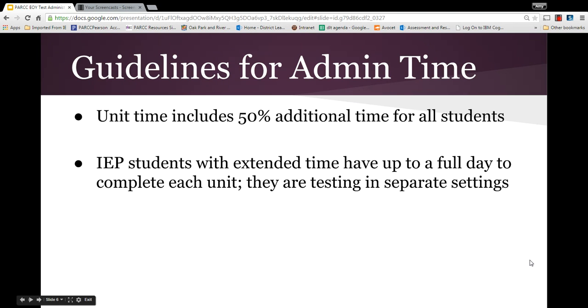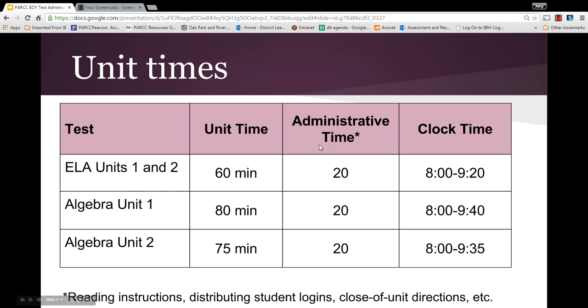This test is written from a universal design for learning standpoint. So it includes 50% more time than the test designers think most students will need. So all of our gen ed kids will get up to 50% more time than it's anticipated they'll need. And that is what is included here in the 60-minute unit time and the 75-minute time.